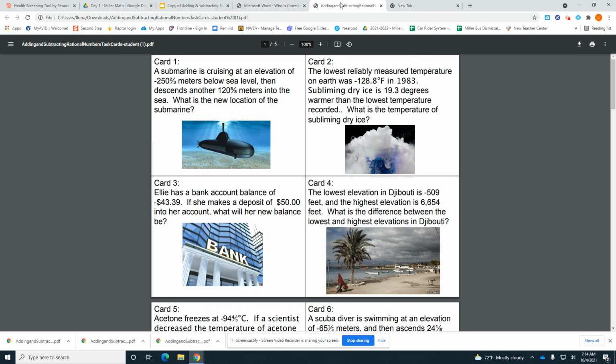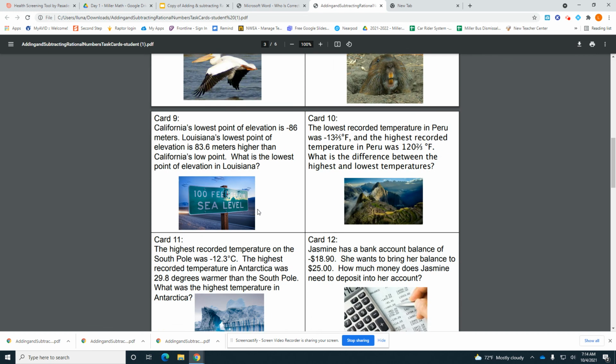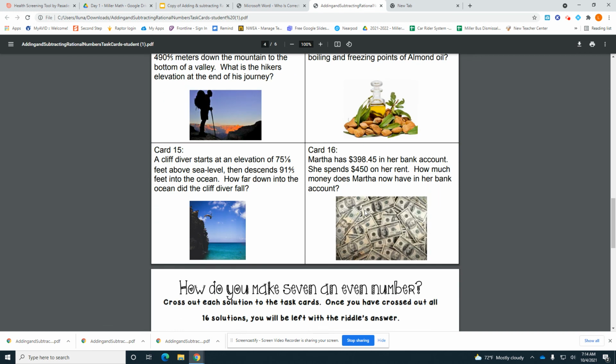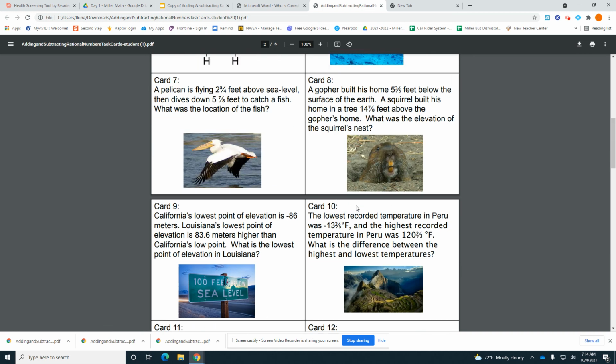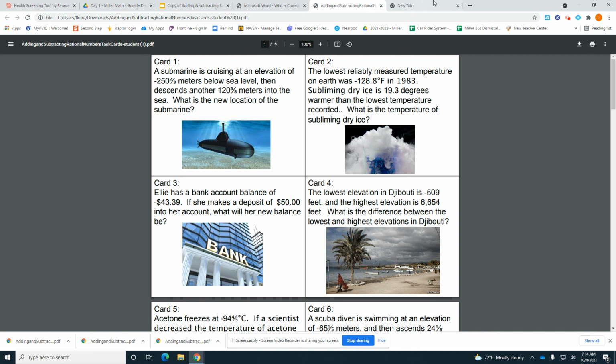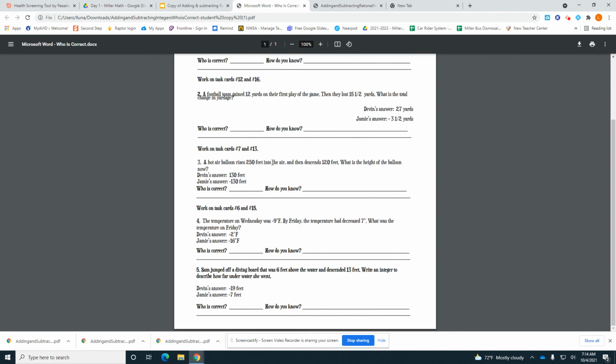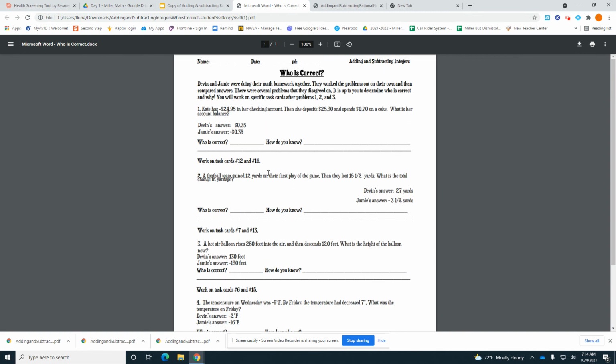So you're going to come to your task cards in Google Classroom and look for 12, which is this one, and 16, which is this one, and work those out. The back of this paper is blank, so you will work them out back there. Show your work. Make sure you number them, because tomorrow you're going to continue working on the rest of those task cards, so you're going to need to have those answers.